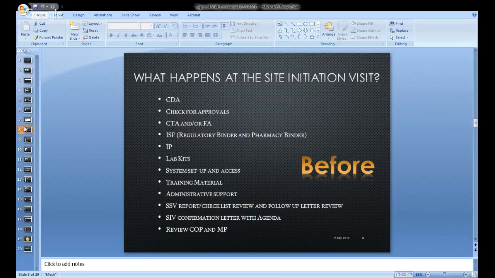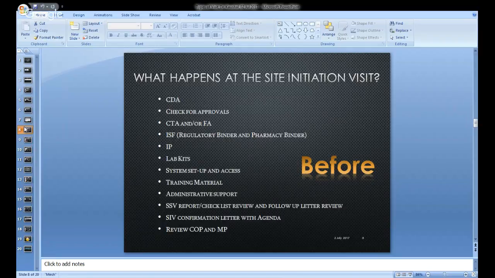Check for the approvals. Ensure that before you go ahead for the site initiation visit, your ethics committee approvals and your regulatory approvals are received, and it's not a conditional approval. It's a final approval for go ahead.